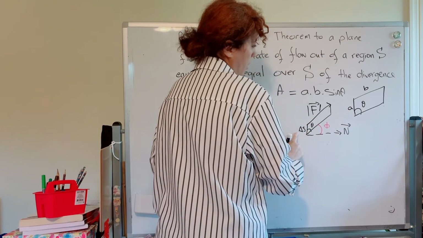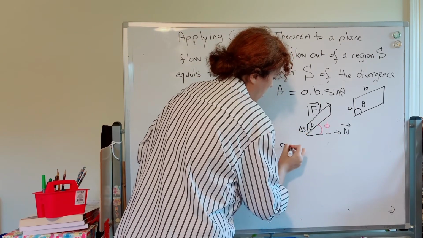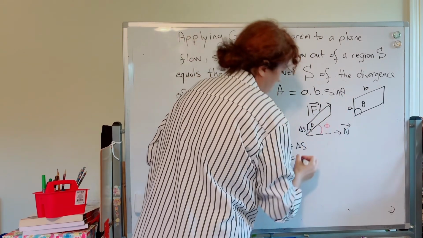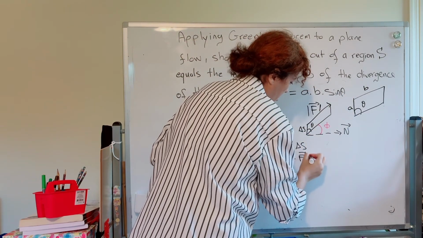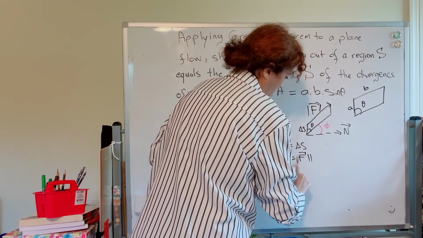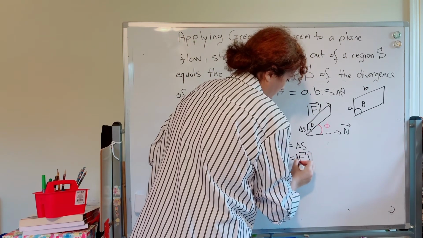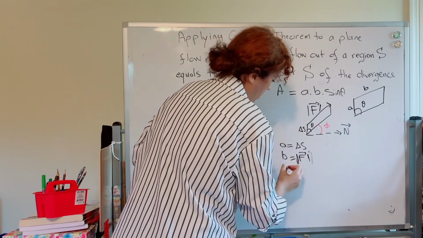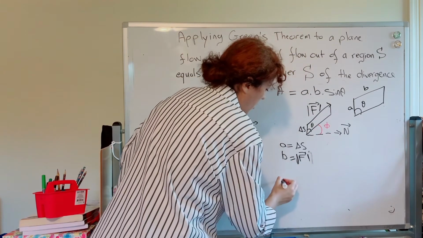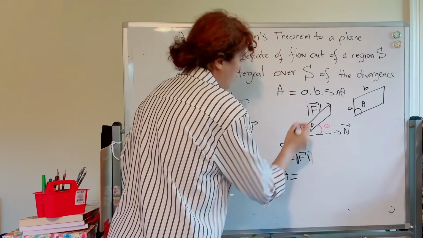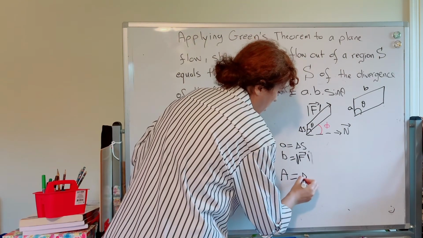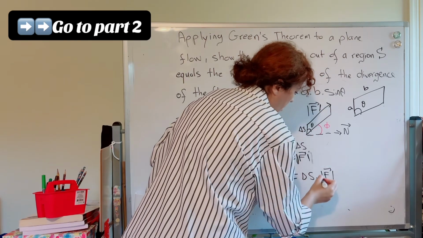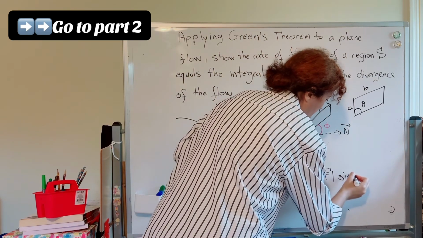A would be delta S and B would be the norm of F, and with the angle theta, the area is going to be delta S times the norm of F times sine theta.